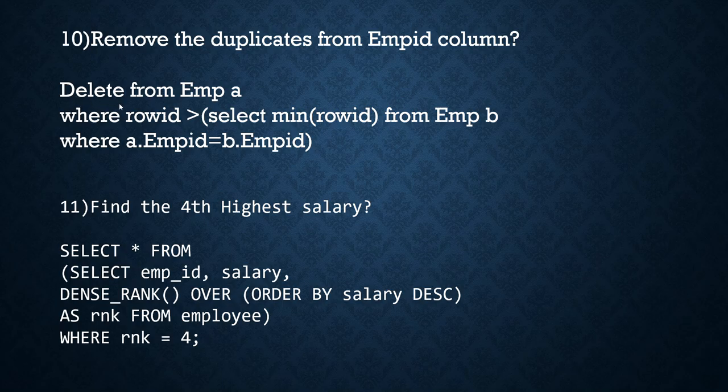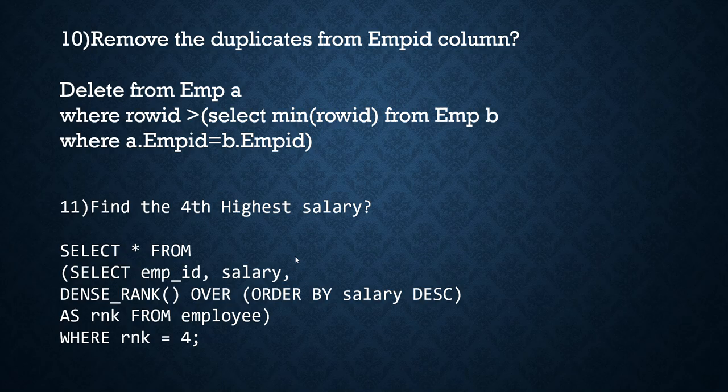This is the query: delete from table name EMP A, where A is an alias name, where row ID greater than, in brackets, select min row ID from EMP B. Here EMP is the table name and B is the alias name, where A.EMP ID, this is a column name, is equal to B.EMP ID. This is the query to remove the duplicates from the EMP table on the EMP ID column.